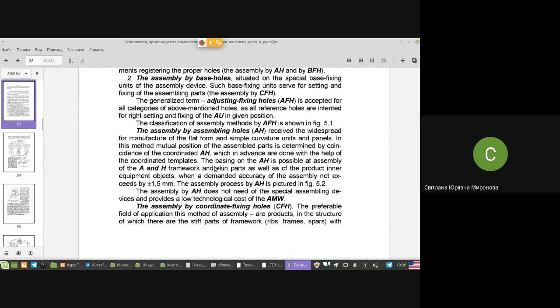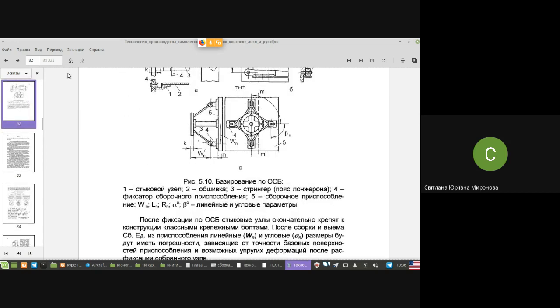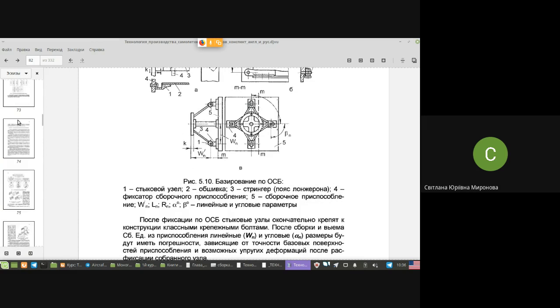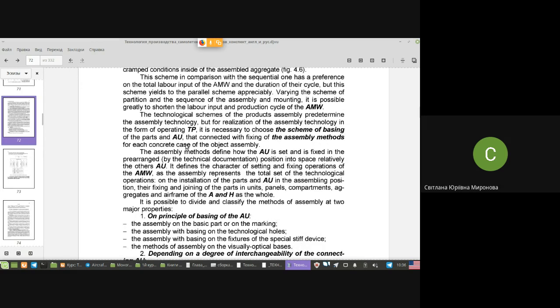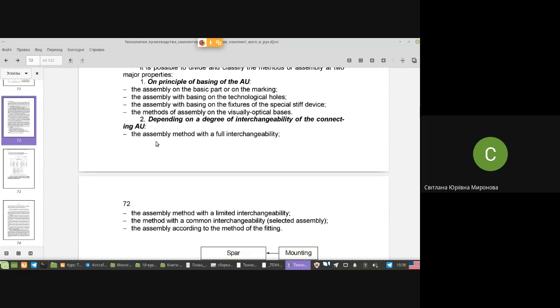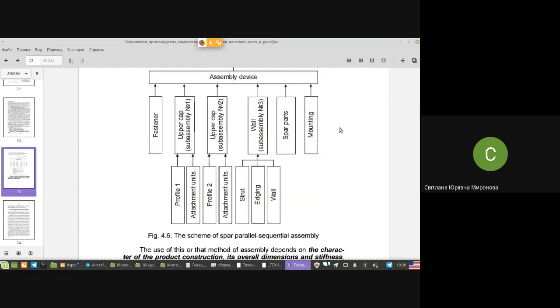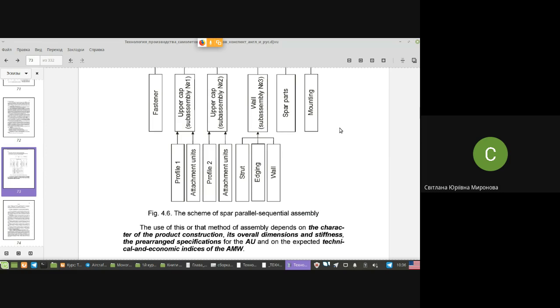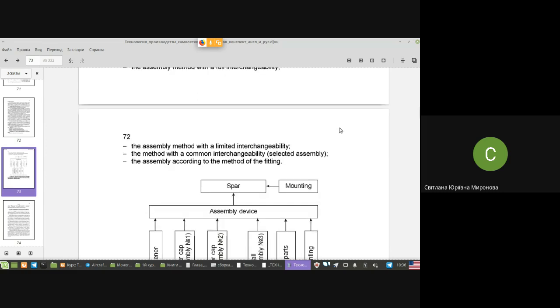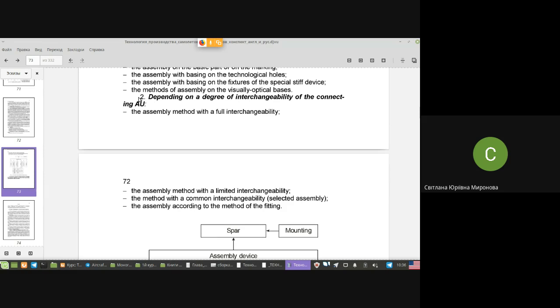Pay attention that it is mentioned just once. Forgive me, let's find it again. Once it's mentioned: depending on degree of interchangeability. And practically there is no explanation. Anything. No explaining. Depending on degree of interchangeability, and that's it.